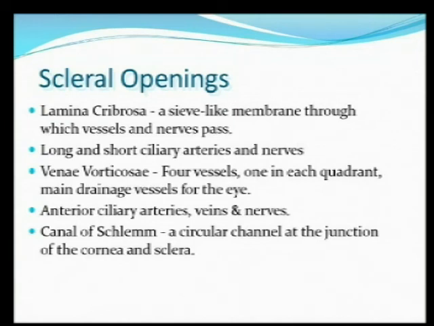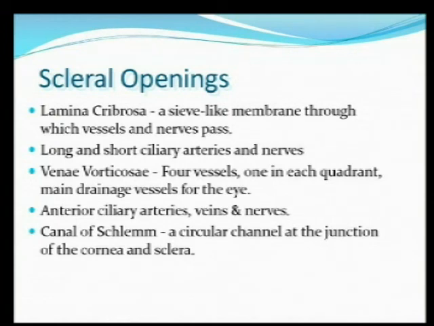Also centrally, we've got the central retinal artery and vein. Surrounding the optic nerve, we have the long and short ciliary arteries and nerves penetrating the sclera. But again, they don't really linger very long in the sclera. They punch their way through and then spread out.